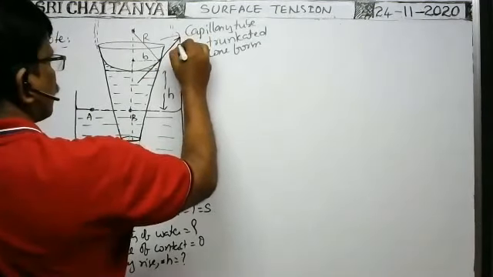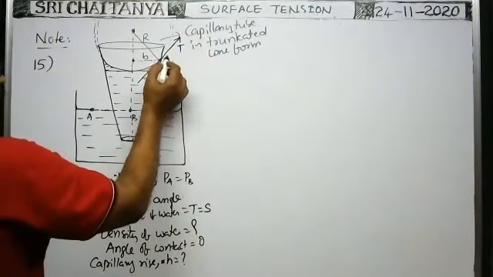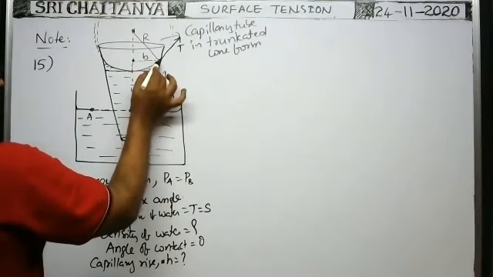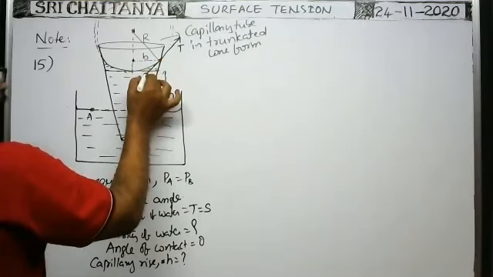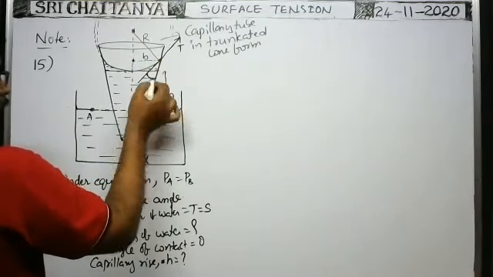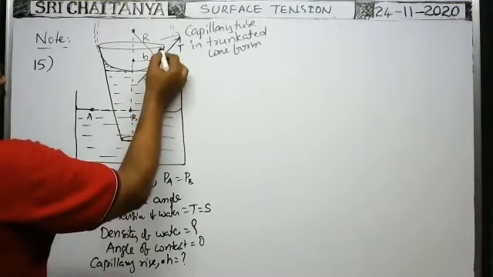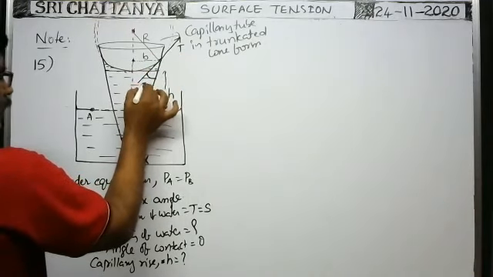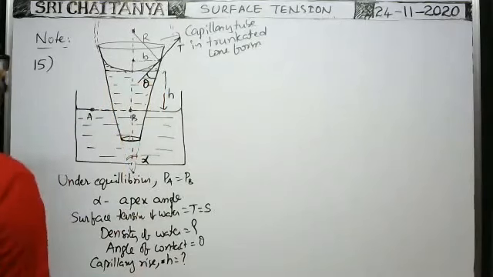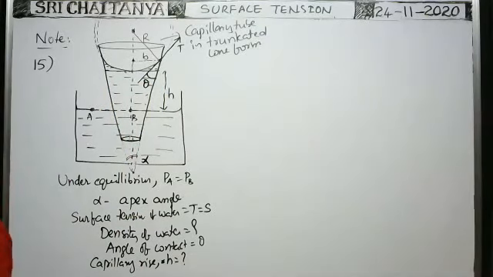This is the direction of the surface tension, and the angle made by the tangent drawn at this point of contact to the surface of the liquid makes an angle theta with the surface of the solid inside the liquid. That is equal to the angle of contact theta. That is given.